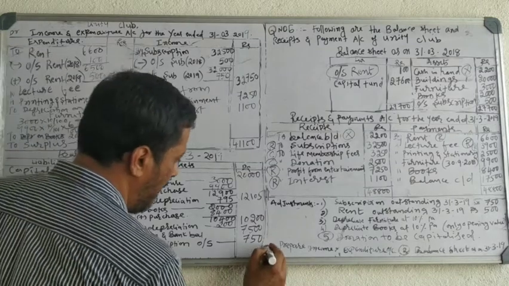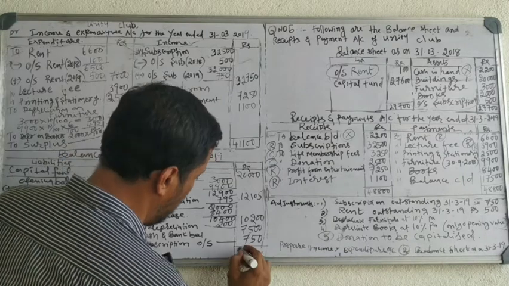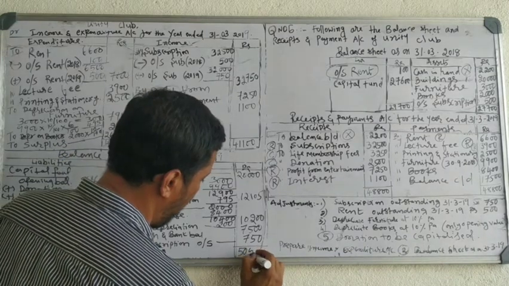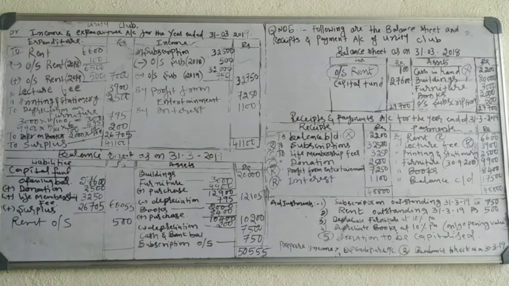Let's see the total. 20,000 plus 12,105 plus 10,200 plus 7,500 plus 750. See the liabilities.